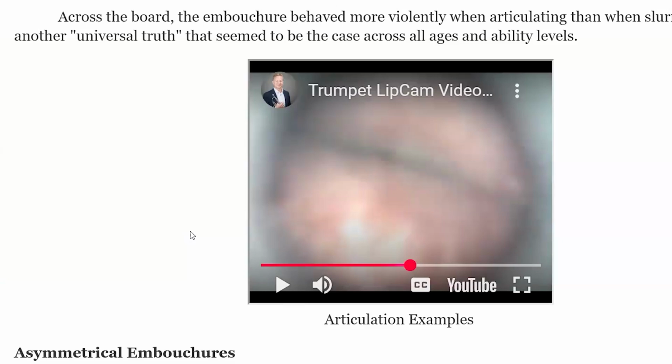And I think for another pedagogical conclusion, this perhaps justifies why, if we're having trouble with a difficult articulated passage, that slurring it is a good idea. We can see that the embouchure is more gentle and more fluid and I don't know, perhaps more efficient. That's probably not the best term to describe that, but it behaves less violently. The embouchure behaves less violently when we slur versus when we tongue.